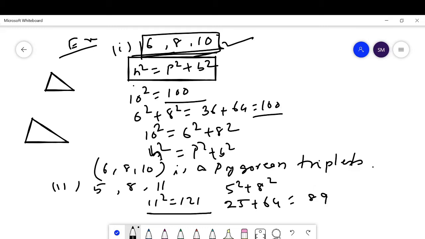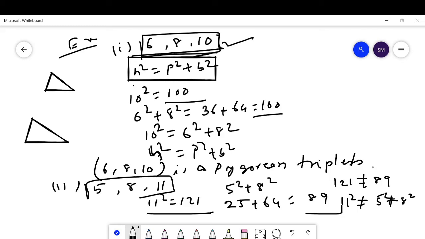Means 121 is not equal to 89. Means 11 square is not equal to 5 square plus 8 square. Means these three are not three sides of a right angle triangle. Means this is not a Pythagorean triplet.